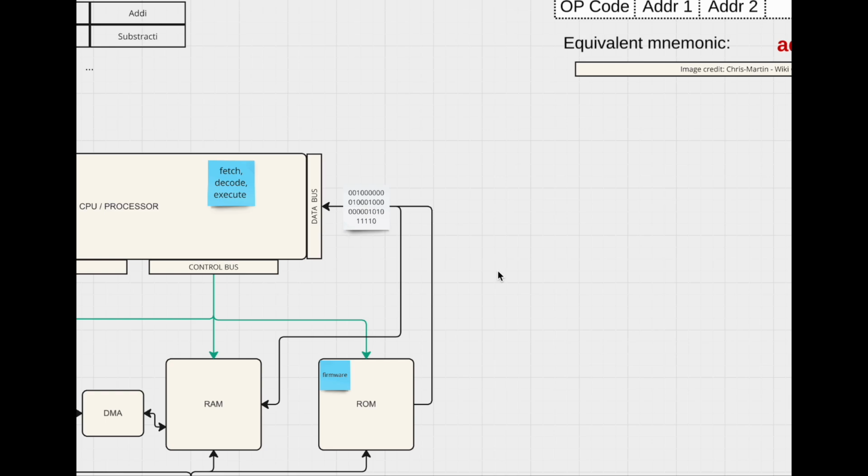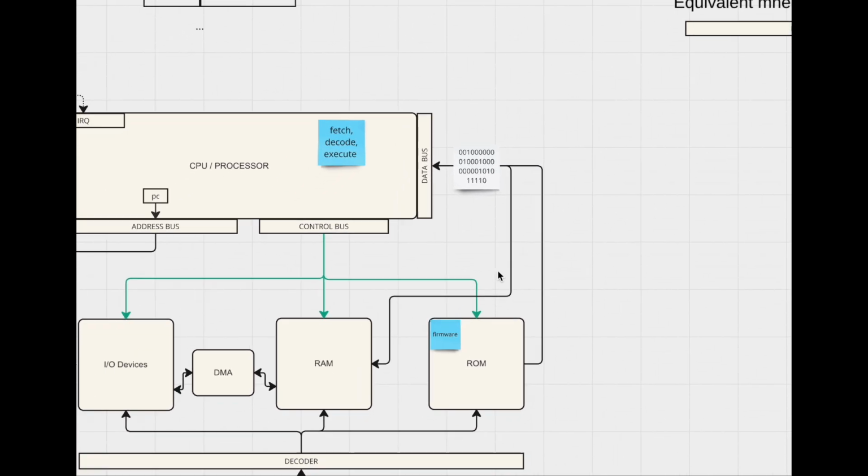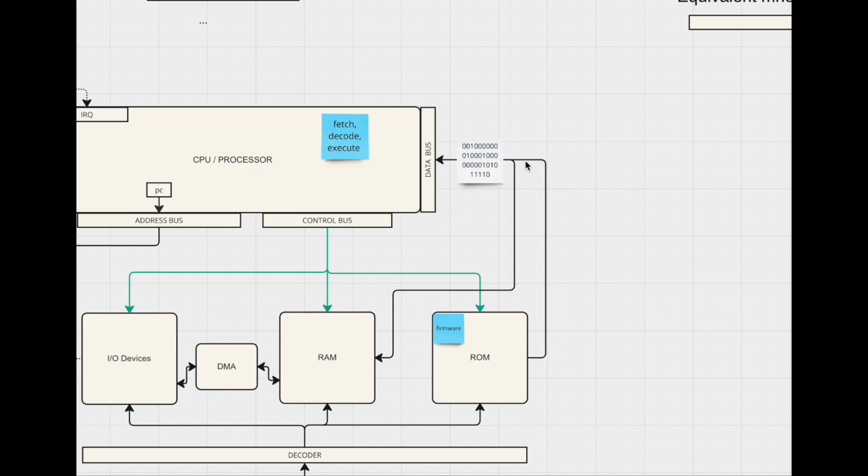If it has a 32-bit data bus and 32 lines, then it's a 32-bit computer, and the same for 64. What this means is that when data is loaded onto the data bus, if it's a 16-bit computer, we have 16 values loaded at once. And if it's 32 bits, it means we have 32 bits of data loaded at once.